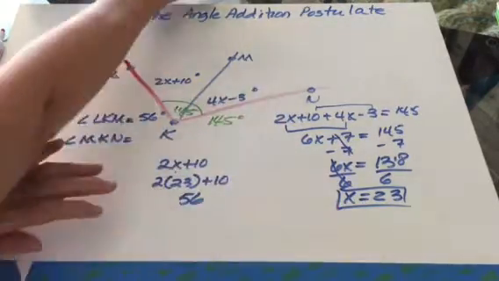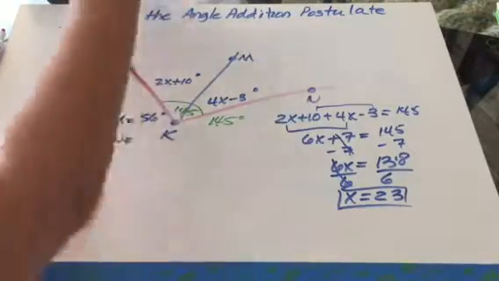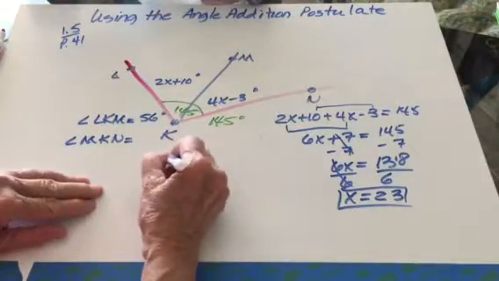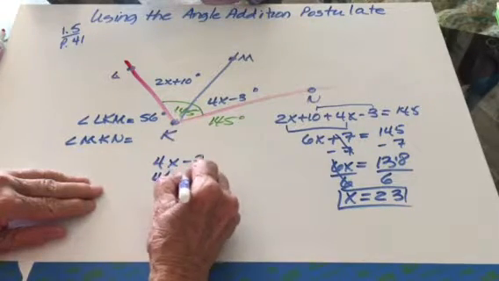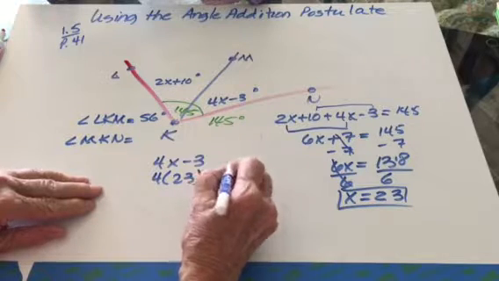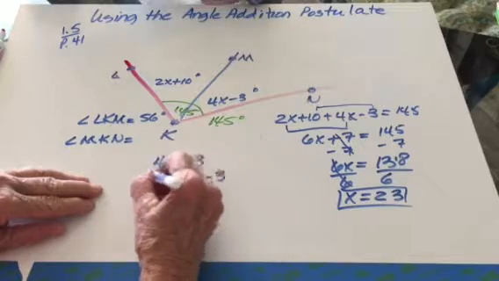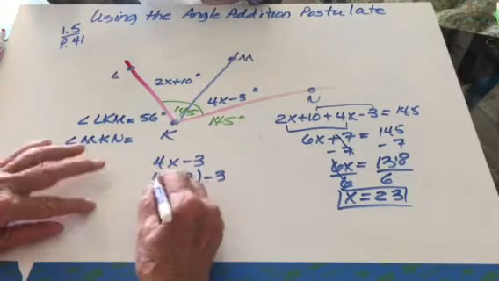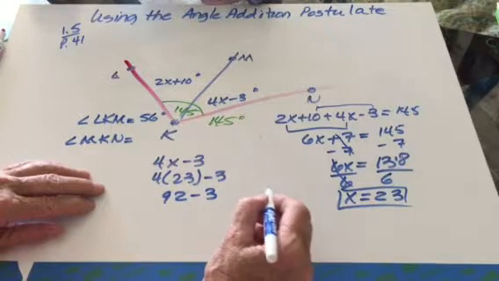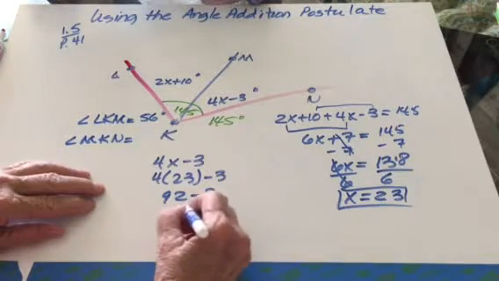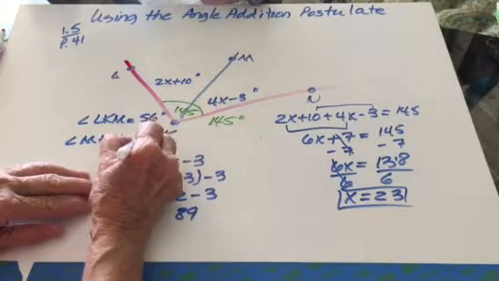Then 4x minus 3, but instead of saying x, I'm going to say 23. 4 times 23 minus 3. 4 times 3 is 12, carry the 1, 8, 9. 92, take away 3 is 89. So the other guy is 89 degrees.